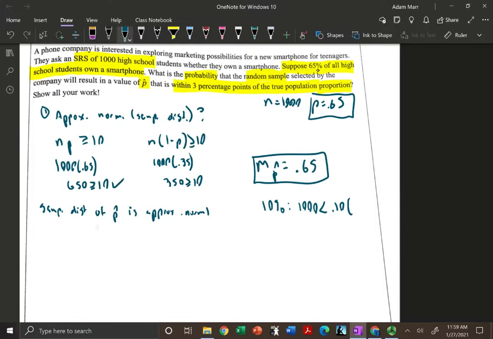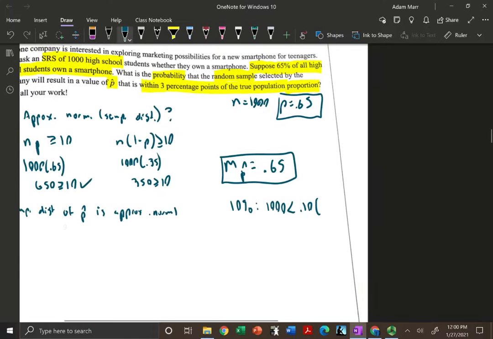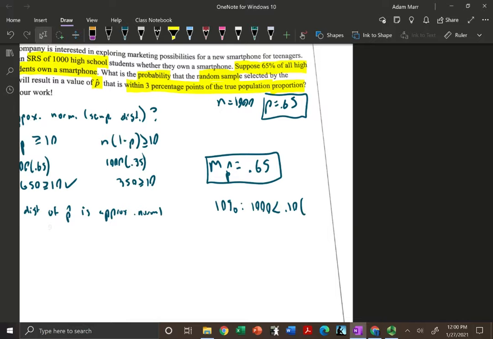We're talking about high school students. Is 1,000 less than 10% of all high school students? Yes. If you notice, this 10% condition almost always passes. So it's yes. All right, so it passed right here.